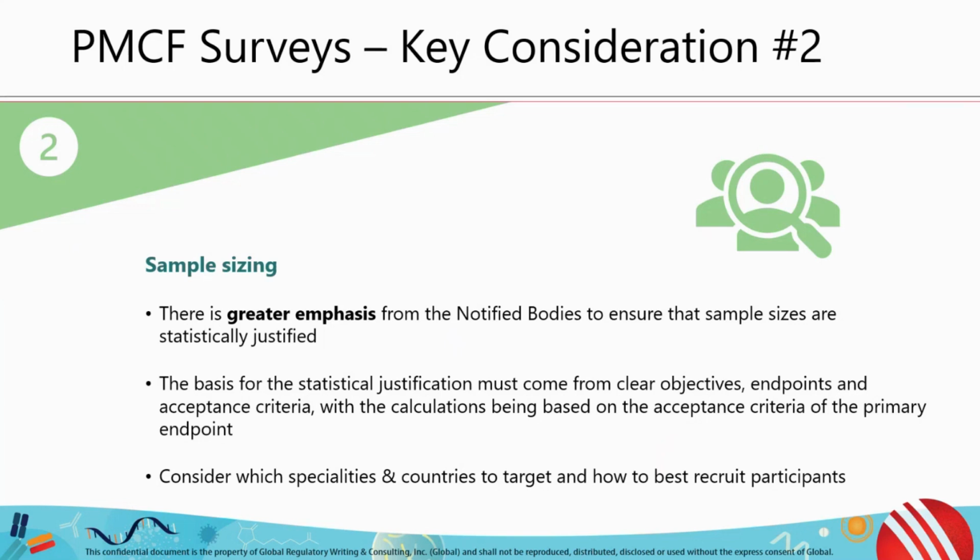It's also important, when you've got your sample size justified statistically, to consider who you're going to target: specialties, and also which countries you're going to target, and how best to recruit the participants to ensure that you can feasibly get up to that sample size in a cost-effective manner as well.